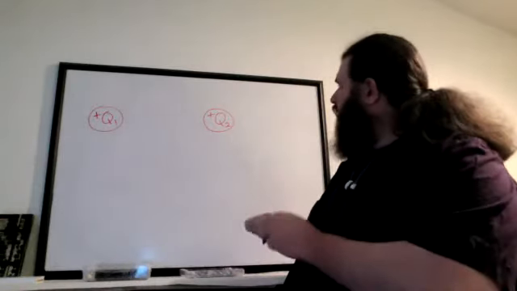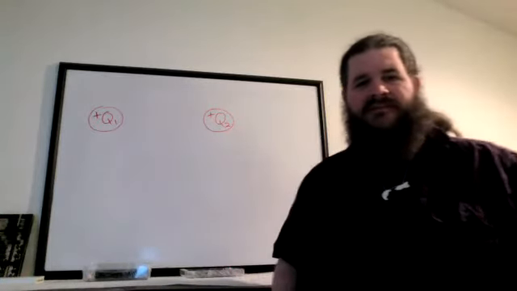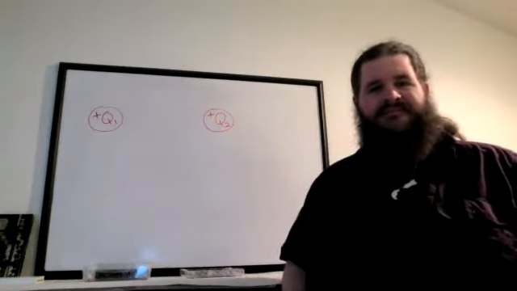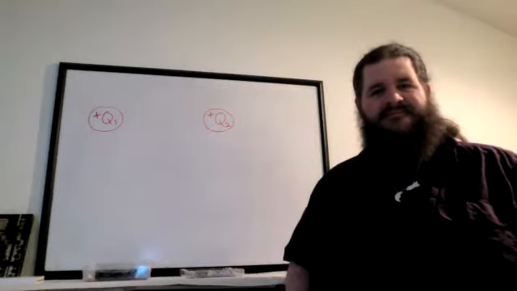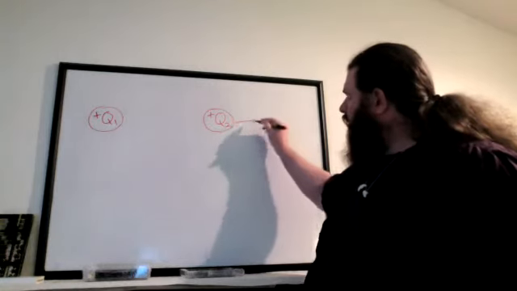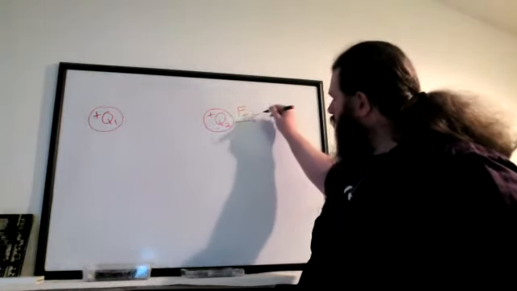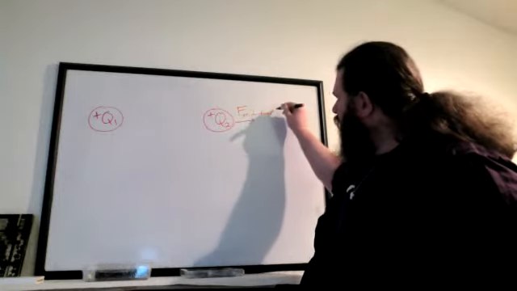You're going to have charge 2, for instance, experience a force in which direction? Yeah, charge 2 experiences a force to the right. So this would be the force on 2 from 1.